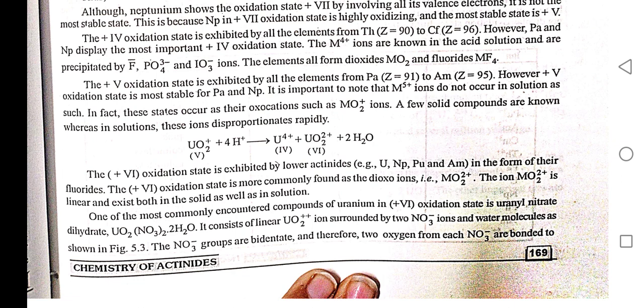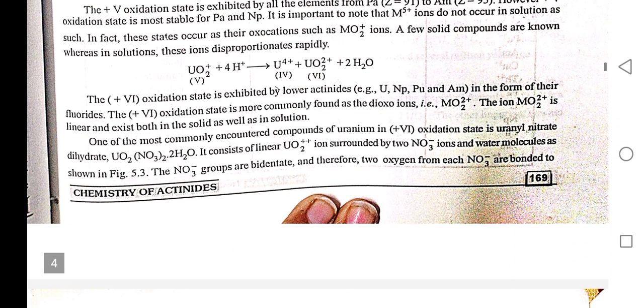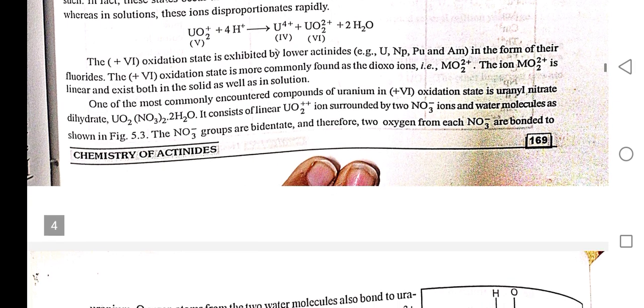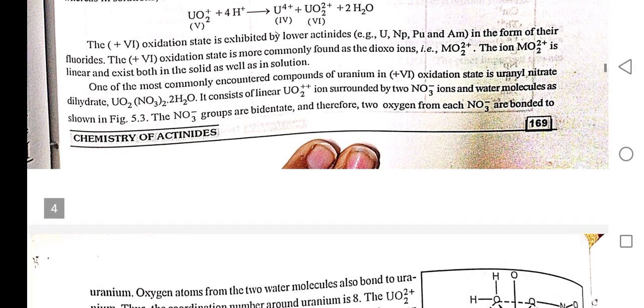One of the most commonly encountered compounds of uranium in the +6 oxidation state is uranyl nitrate dihydrate, UO2(NO3)2·2H2O. It consists of linear UO2 2+ ions surrounded by two NO3- ions and water molecules as shown.